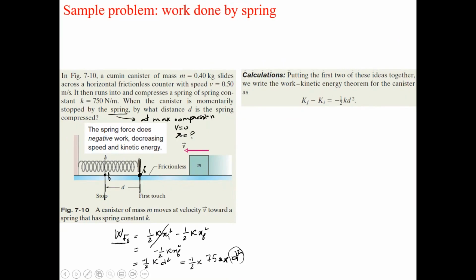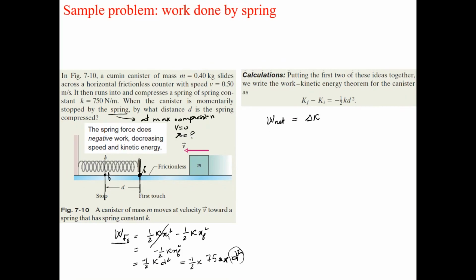To do that, I'm going to be using the work energy theorem, which says that the net work done on this canister is equal to the change in the kinetic energy of the canister. Now, the net work done is just the work done by the spring force.